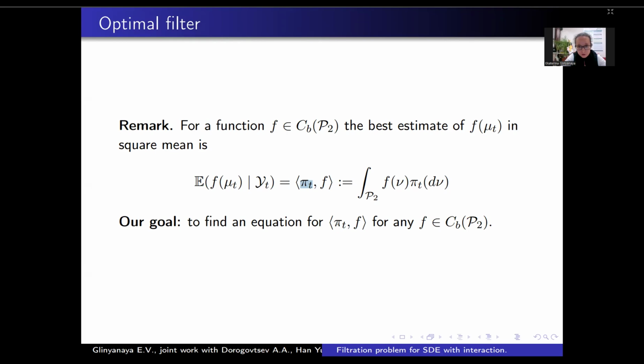So we have a process which is indexed by time t. We expect to find the stochastic differential equation for this process, for some class of functions on the space of probability measures P2.